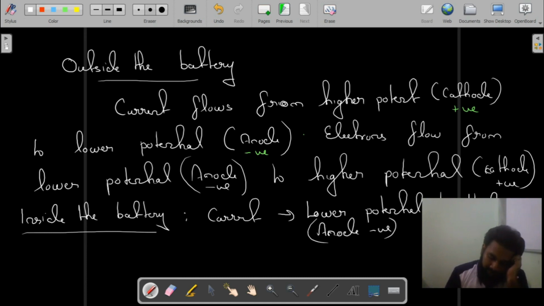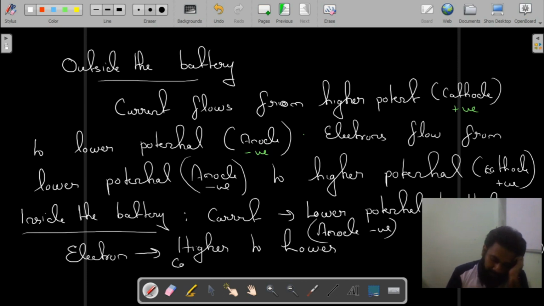Higher potential means cathode, which is nothing but positive. What about electrons? Electrons flow from higher to lower. So higher is cathode again, lower is anode.